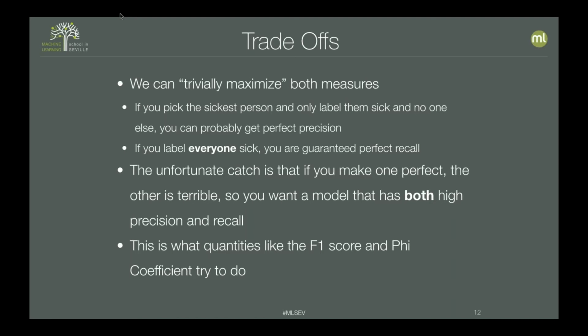There's very much a trade-off here to be made between precision and recall. And there's some scores that are reported in the literature, the F1 score, the phi or Matthews correlation coefficient, that attempt to deal with this issue, to try to give you a single number you can look at, and when that number is high, I know I have high precision and high recall.